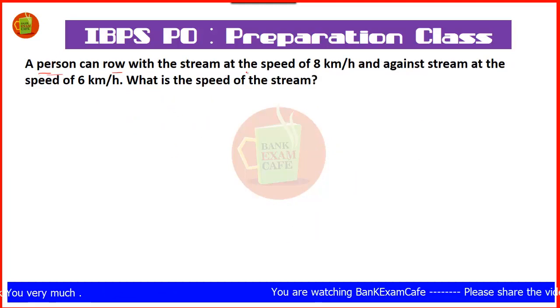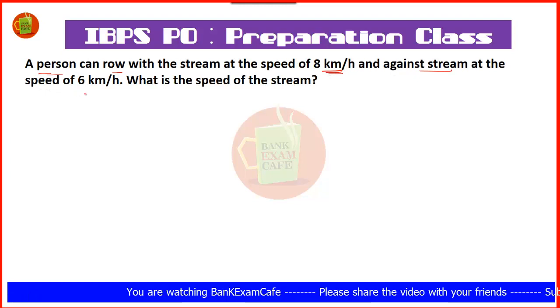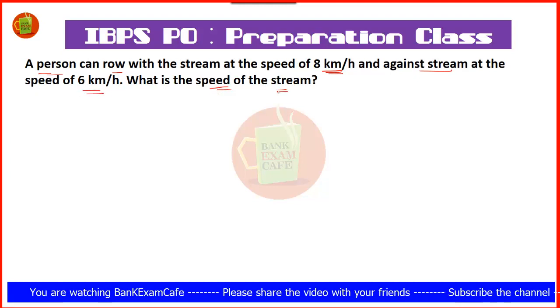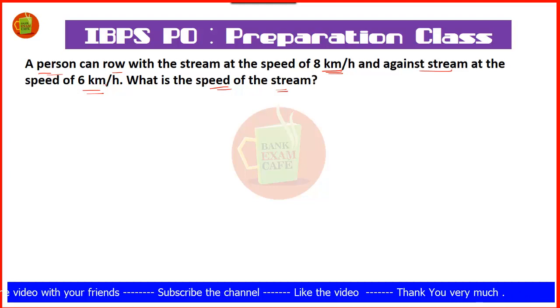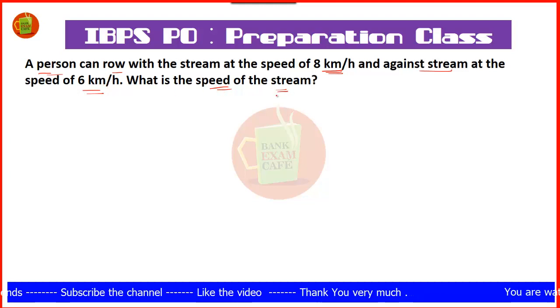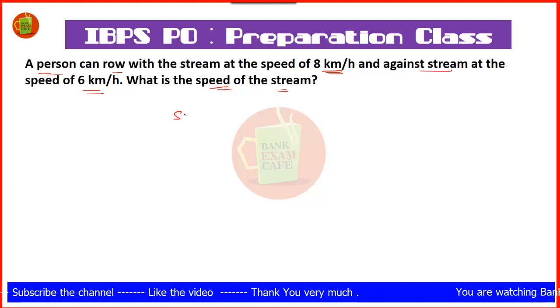Here is another question. A person can row with the stream at a speed of 8 km per hour and against the stream at a speed of 6 km per hour. What is the speed of the stream? We have to find the speed of the stream.